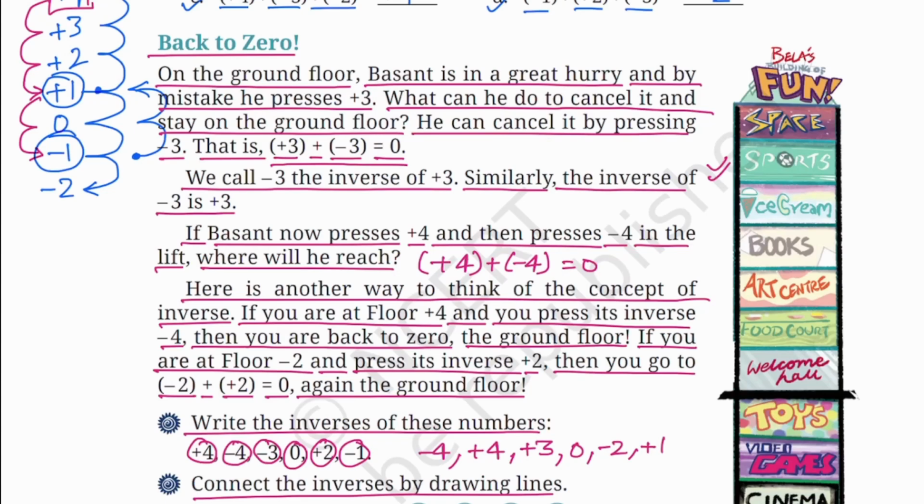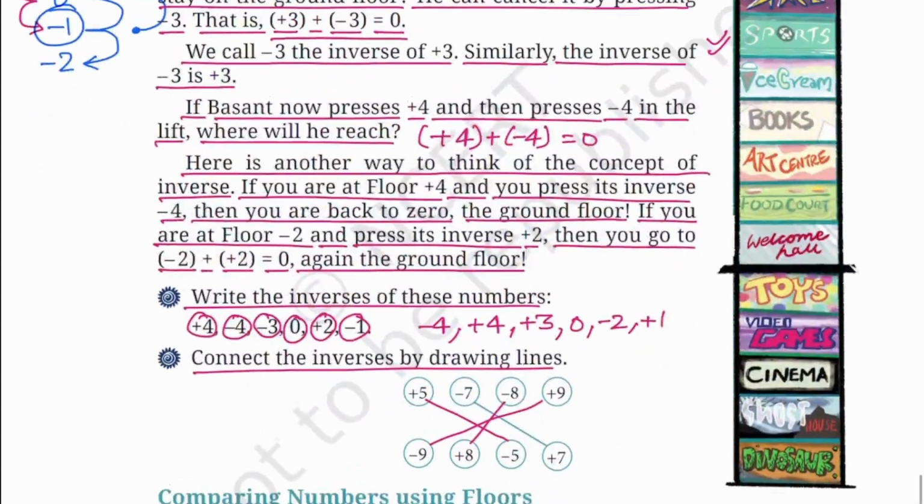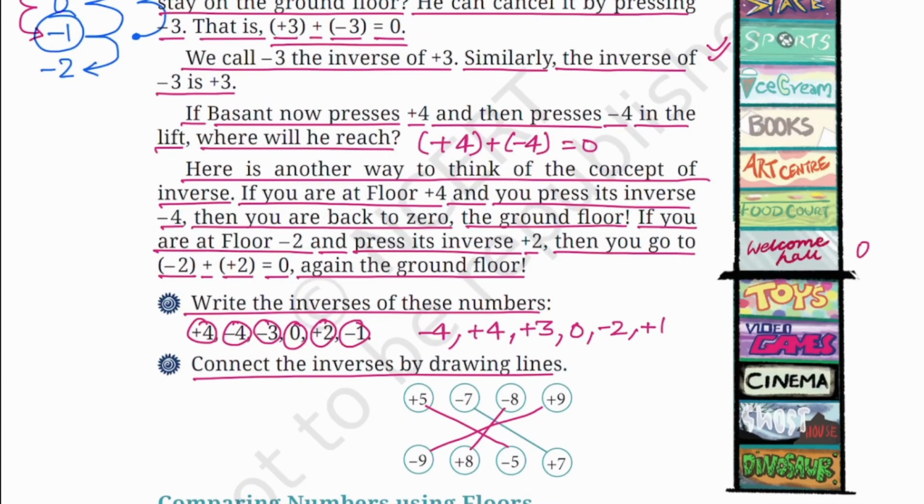Sports center is here. Welcome hall, floor 0. Food court, floor plus 1. Art center plus 2 floor. Bookstore plus 3 floor. Ice cream shop plus 4 floor. Sports center plus 5 floor.